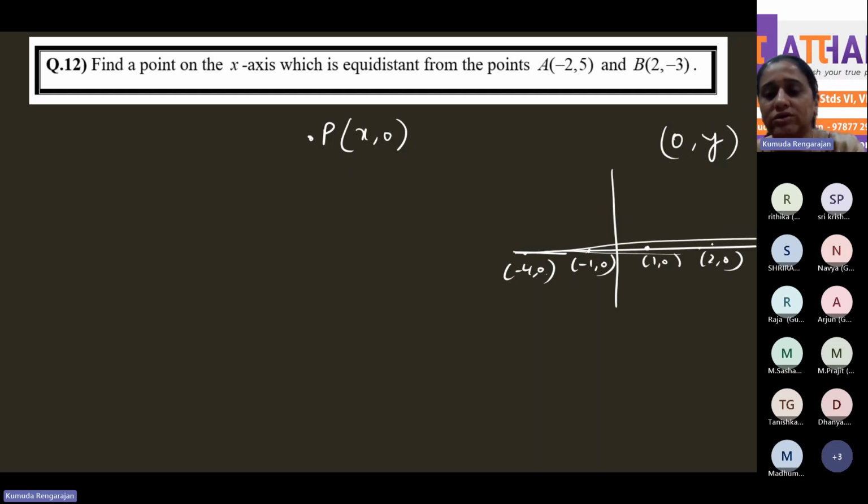So any point on the x-axis will be of the form (x, 0). On the y-axis, this one is (0, 1), this one is (0, 5), this is (0, -7). So on the y-axis, x is always 0. Every point on the y-axis is of the form (0, y).